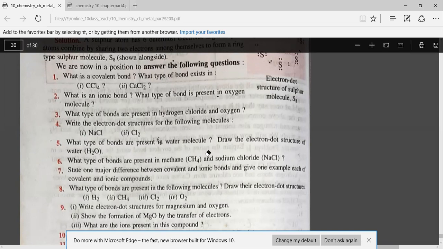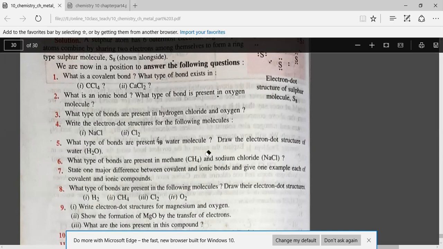And in sodium chloride we have an ionic bond, because sodium is able to donate the electron and chlorine is able to accept the electron. This is a complete transfer of the electron, so we have an ionic bond.